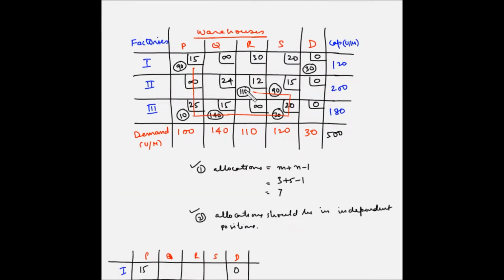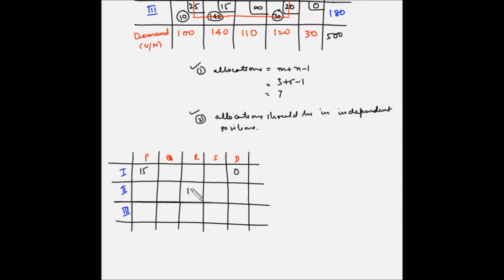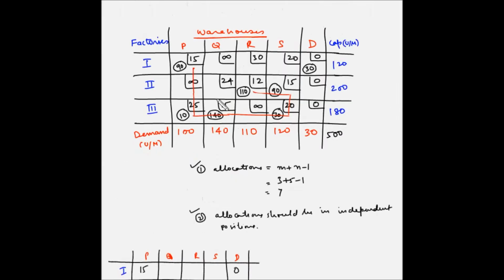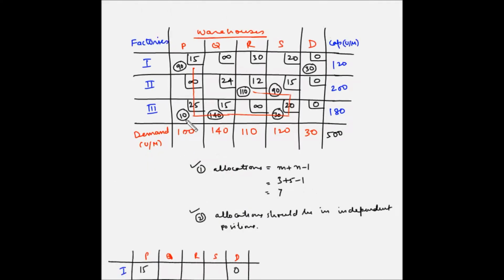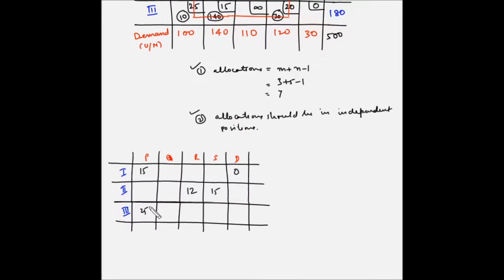For the second row, for 2r, 110 is the allocation and 12 is the unit cost, so we'll place 12. For the second row again, for the square 2s, 15 is the unit cost. Now for third row, 25, 15 and 20.